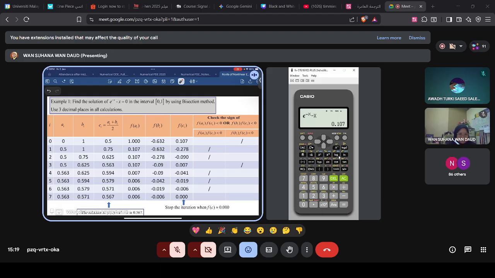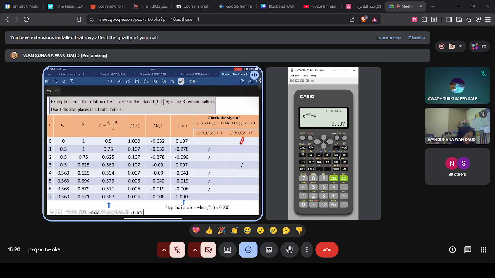It is impossible to check f(a)f(b), because then you would use the same a and b for the next iteration. So check f(a)f(c). In this case, f(a) is positive and f(c) is positive, so it does not satisfy the intermediate value theorem. So you have to check f(b) and f(c). They have different signs, meaning that it satisfies the intermediate value theorem.